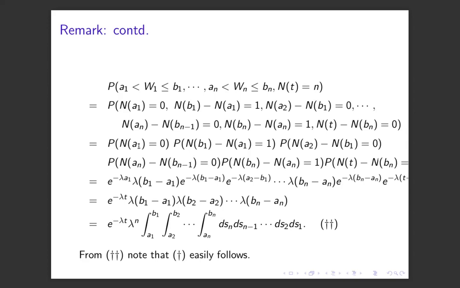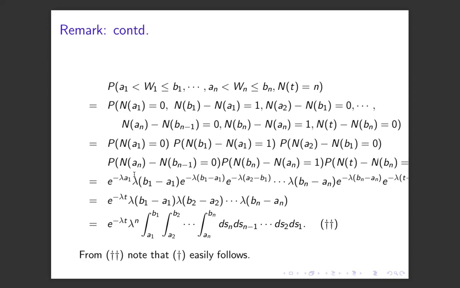And since you know the exact distribution, N(A1) has the Poisson distribution with the parameter lambda A1, and the probability that this random variable equals 0 is precisely e to the power minus lambda A1. And here, this random variable N(B1) minus N(A1) has the Poisson distribution with the parameter lambda times (B1 minus A1), and that takes the value 1.